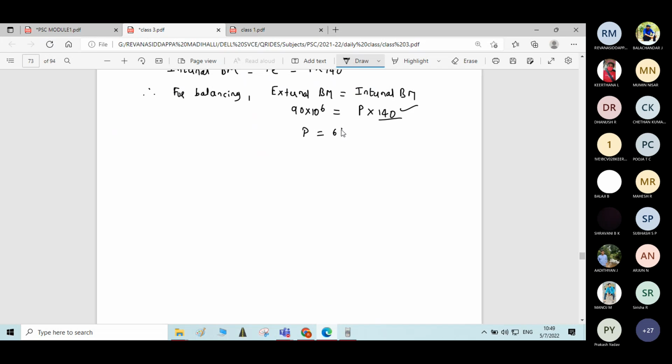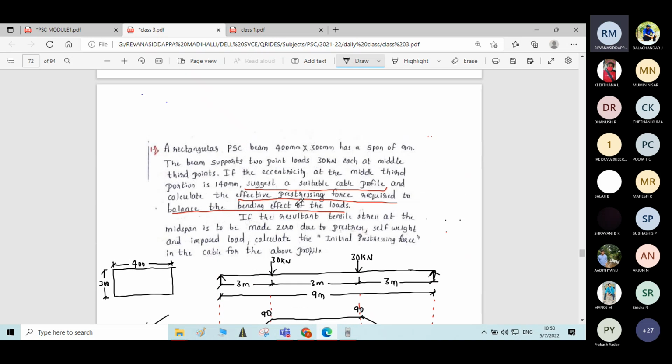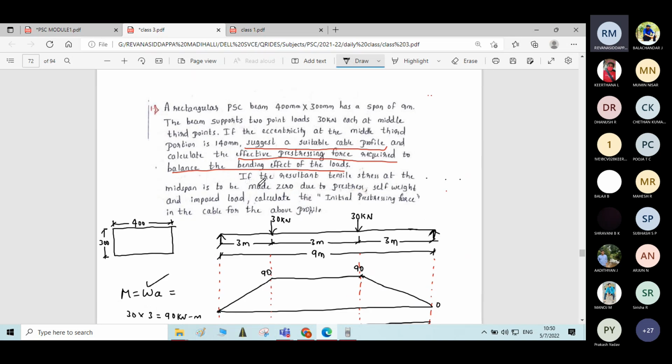So in terms of kilonewton, 642.85 kilonewton. So if we apply a pre-stressing force of 642.85 kilonewton, then the bending moment due to external load will be balanced by this pre-stressing force. That was the meaning. Now we have solved one more question.